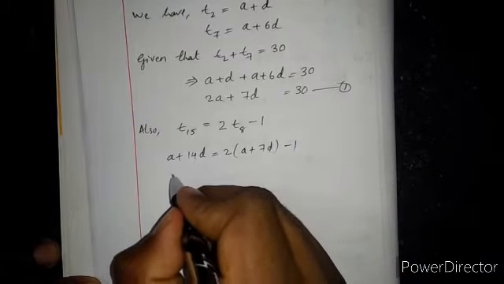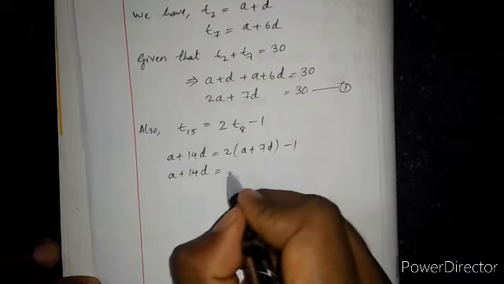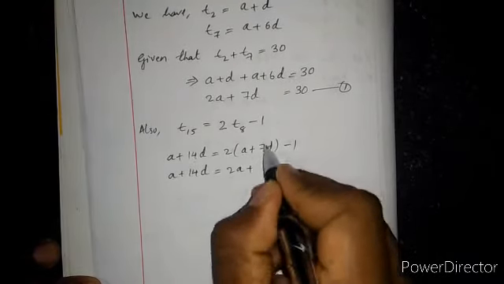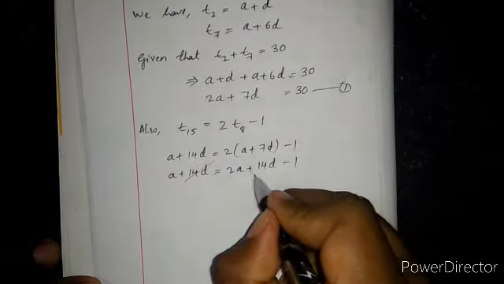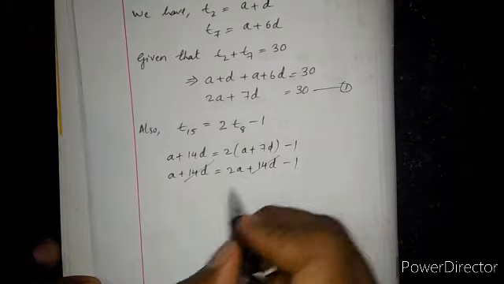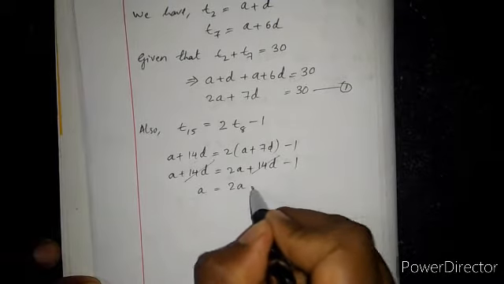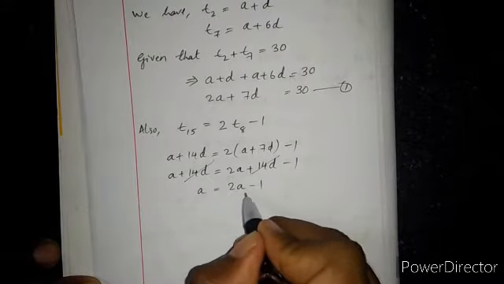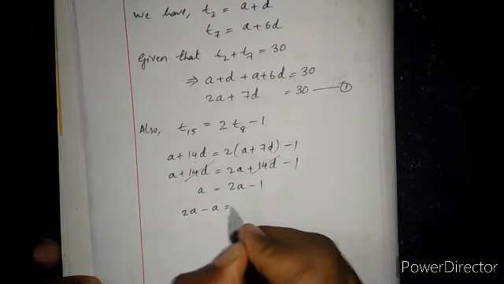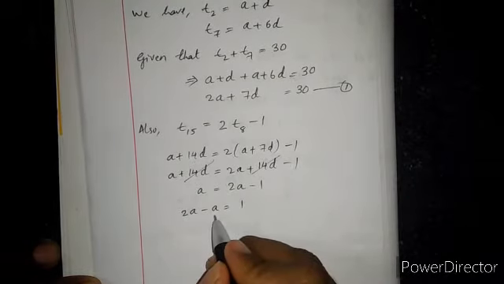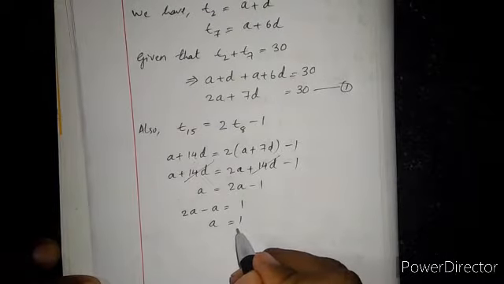Now here again, A plus 14D is equal to, expand this one, 2 into A, 2A, plus 2 into 7, 14D, minus 1. Here this 14D and 14D on both sides get cancelled. Then A is equal to 2A minus 1. Bringing this A to that side and this 1 to this side, you will get 2A minus A is equal to 1. So 2A minus A is A, and that's equal to 1. So you got A as 1.